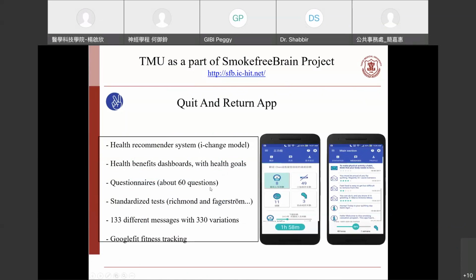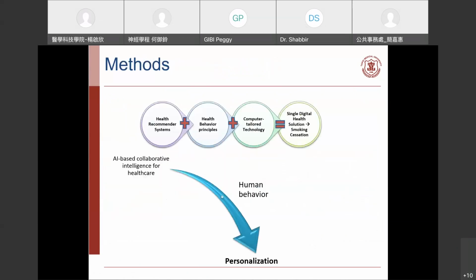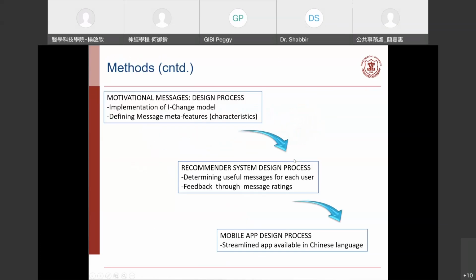So this paper was about how personalized messages can help motivate people in quitting smoking. Definitely it helped in personalizing, because we are sending computer tailored technology, a digital health solution for smoking cessation.